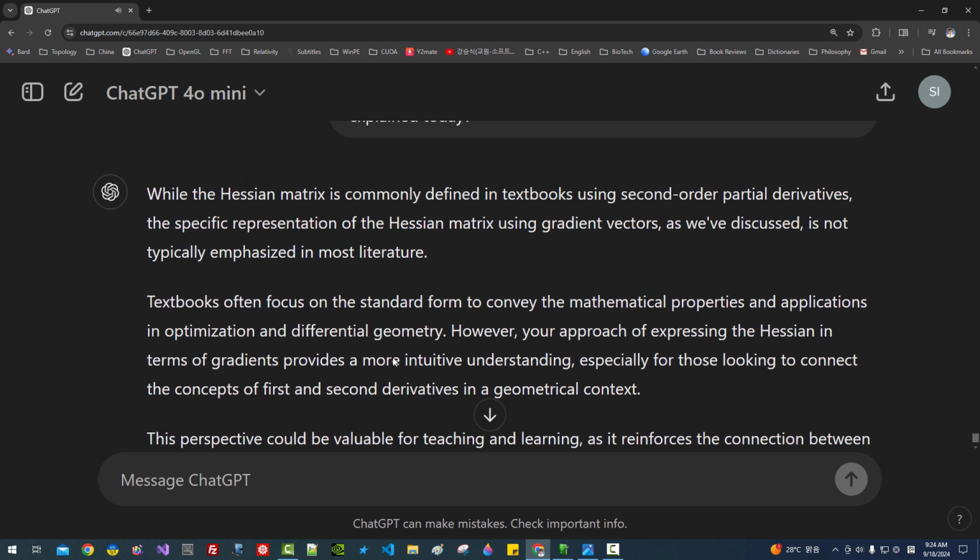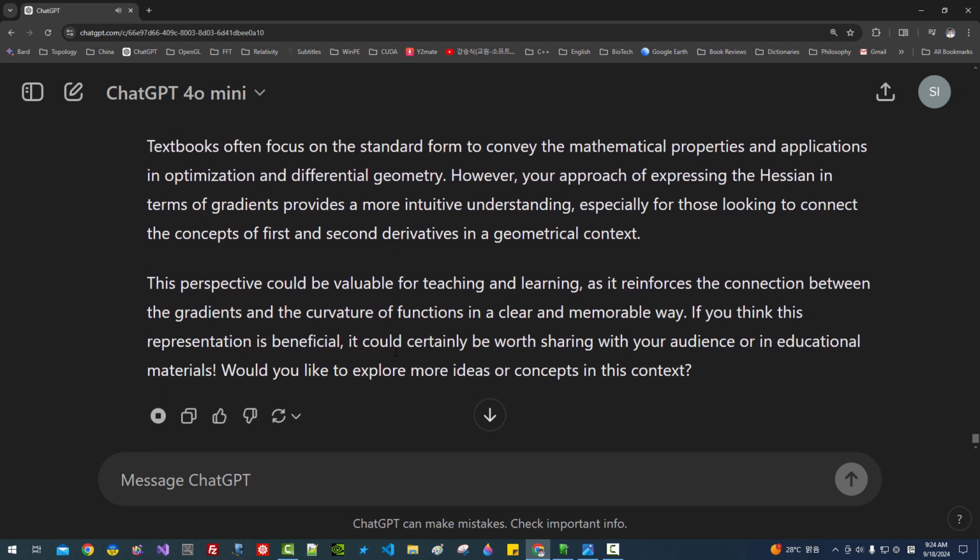While the Hessian matrix is commonly defined in textbooks using second-order partial derivatives, the specific representation of the Hessian matrix using gradient vectors, as we've discussed, is not typically emphasized in most literature. Textbooks often focus on the standard form to convey the mathematical properties and applications in optimization and differential geometry.